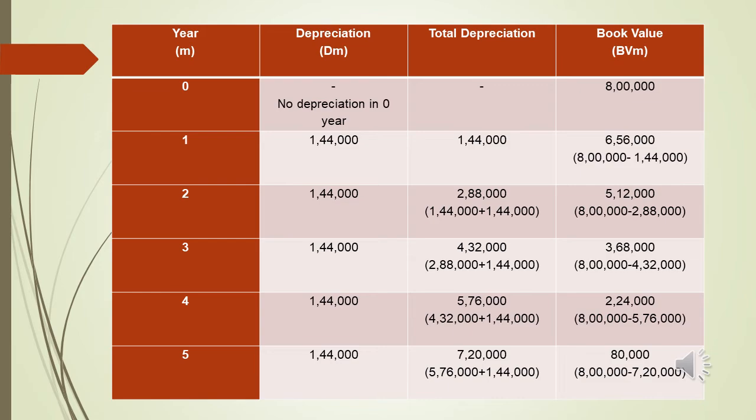First year total depreciation will be 0, and depreciation DM will be calculated through P minus F by N. Then you will calculate total depreciation, that is, you will keep on adding the depreciation over the years. Then for book value, you are going to deduct the total depreciation of that particular year. So let us move to the next slide. I'll tell you all how you can cross check.